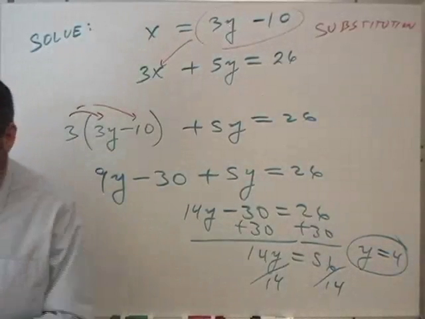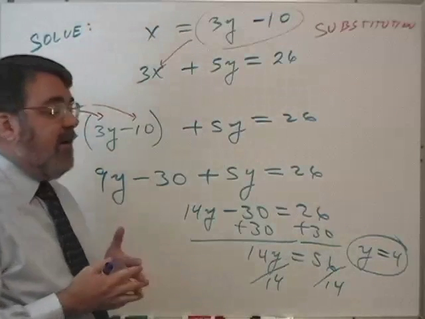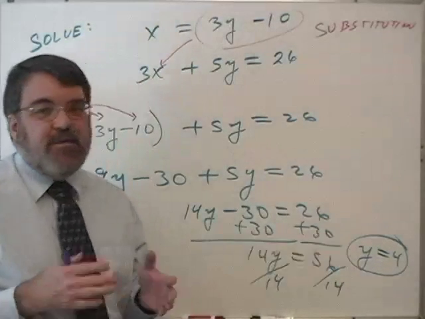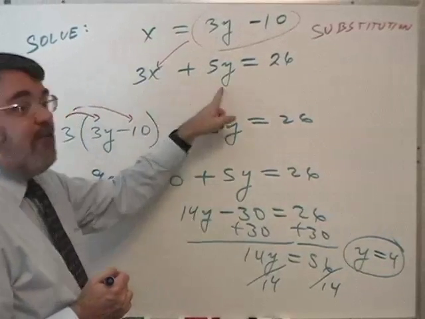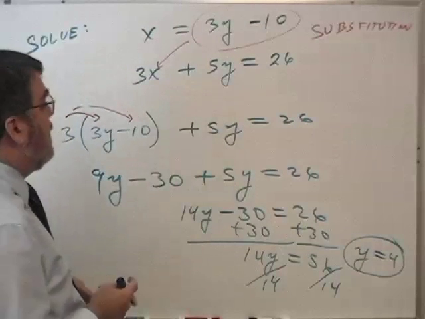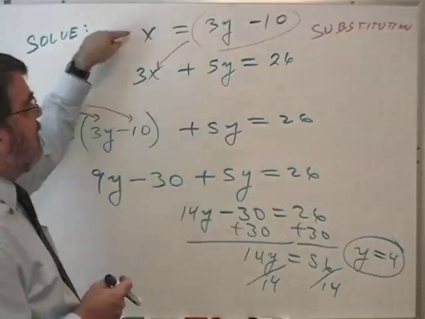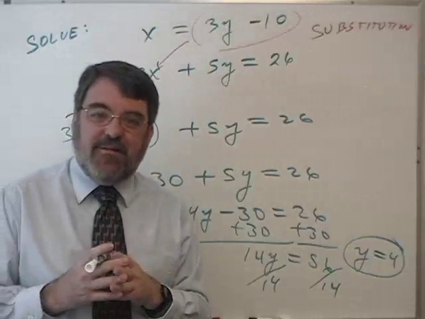Now, what would you do with that? Well, we found that we can take the first number we get and substitute it into either equation. Would I put y equals 4 into the second equation? We can, but it would make much more sense, wouldn't it, to use the first equation? Because the first equation has already been solved for x.